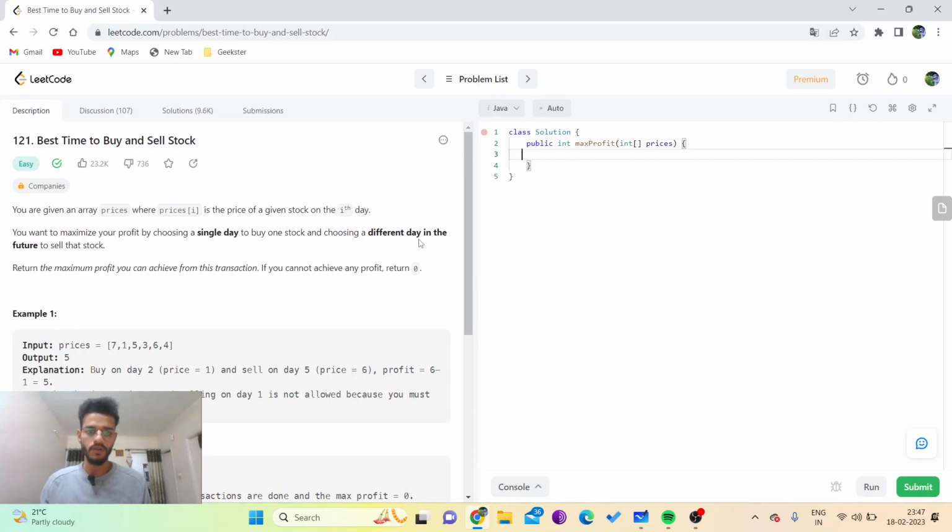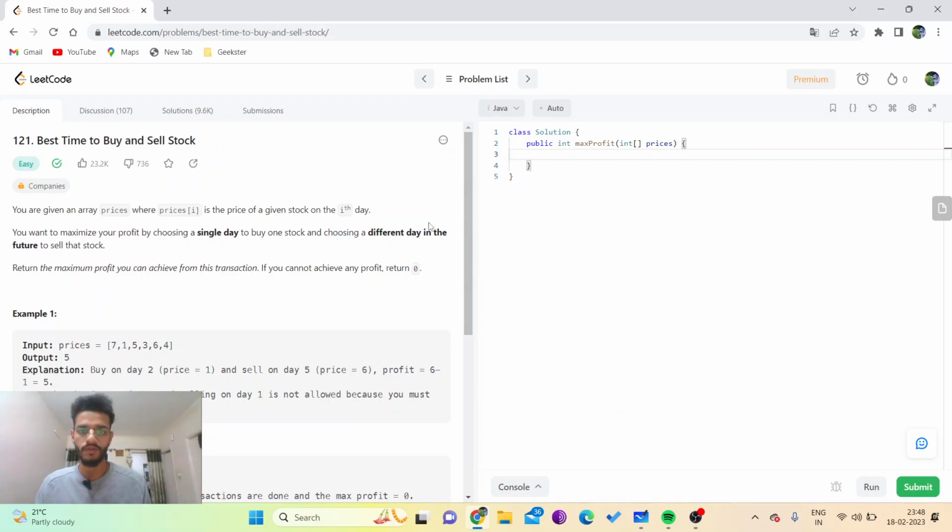Let's suppose on day 1 I am purchasing a stock worth 10,000, and after 3 days I am selling it at 20,000, and next is 30,000. We will check where we are making the most profit.